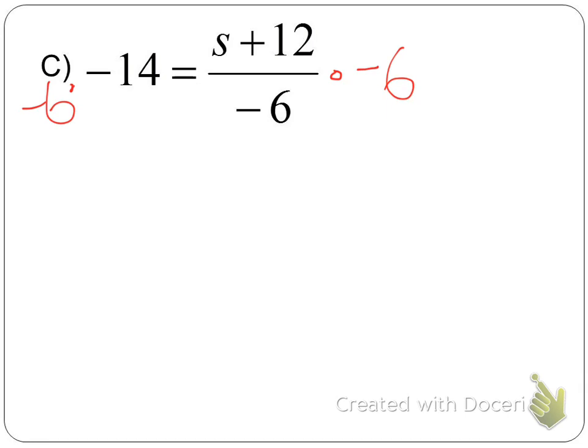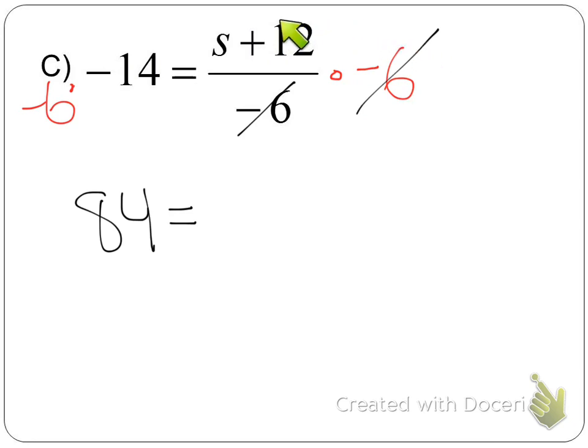Now, we have calculators. It's the fun part of Chapter 3, right? So you don't have to do 6 times 14 off to the side. You can just type it in. Negative 6 times negative 14 is 84, and it's positive because it was a negative times a negative. Now, on the right side, the only thing that goes away is the dividing by negative 6, okay?